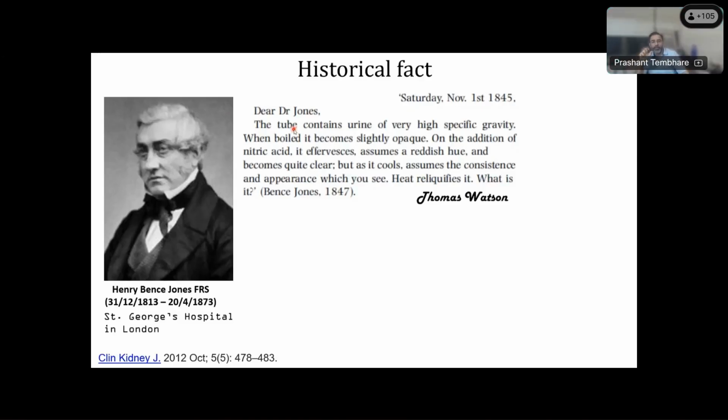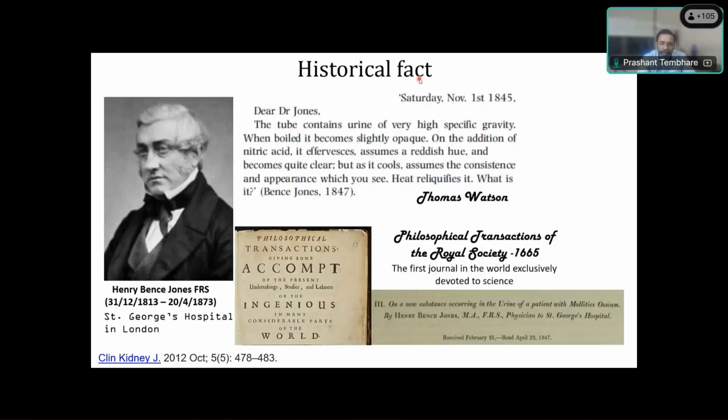So what is it? Thomas Watson wrote to Bence Jones, and ultimately Dr. Bence Jones characterized the Bence Jones protein and published it in a journal. So this is the history of the Bence Jones protein, which was initially identified by the laboratory physician Thomas Watson.